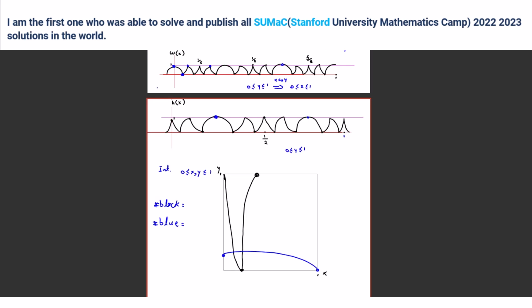Okay, let's check. Blacks are these things: 1, 2, 3, 4, 5, 6, 7, 8, 9, 10, 11, 12, 13. 16, yes, 16 blacks. And how many blues?